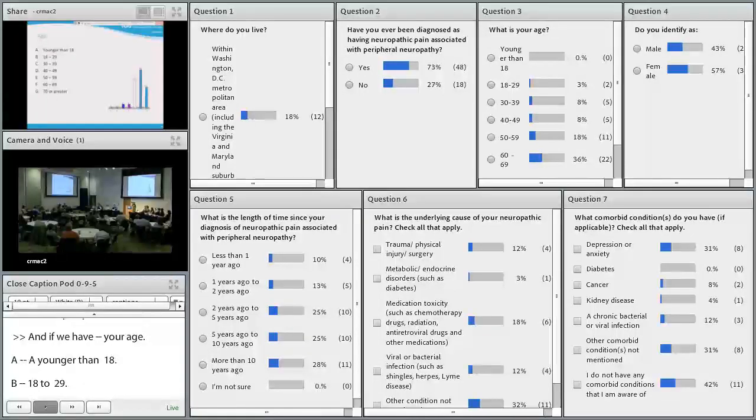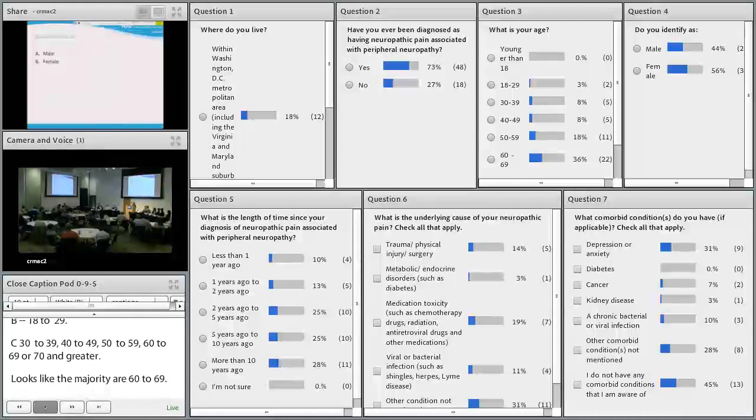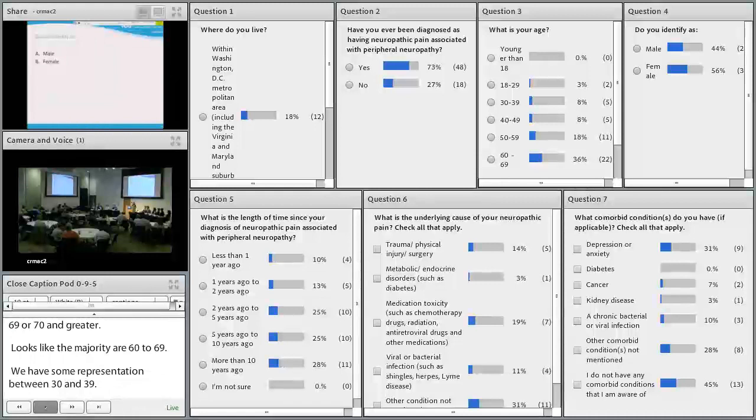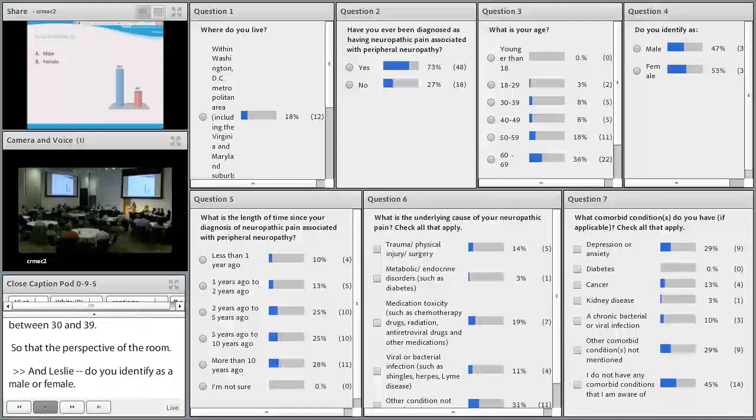We've got 50 to 59, 70 or greater, and then we also have some representation between 30 and 49. So lots of perspectives in the room. And lastly, do you identify as A, male, or B, female? Okay, so almost half and half, an equal spread of male and female. Great.